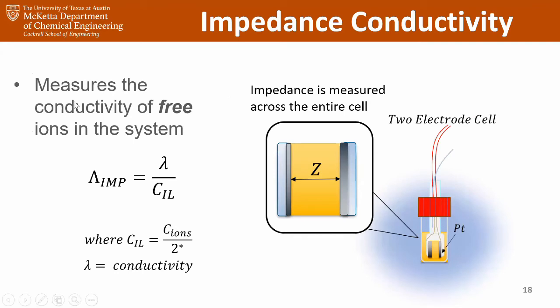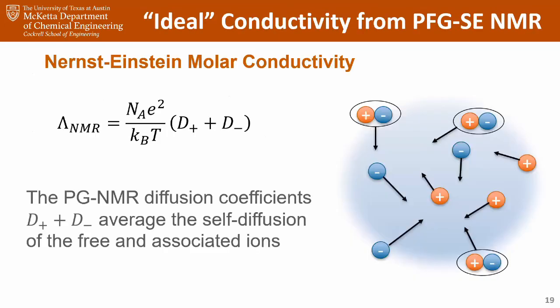The conductivity measurements, as many of you have done, are relatively easy measurements, don't require very much sample, and so you can measure those free ions. The pulse field gradient NMR experiments are a little bit more time consuming.